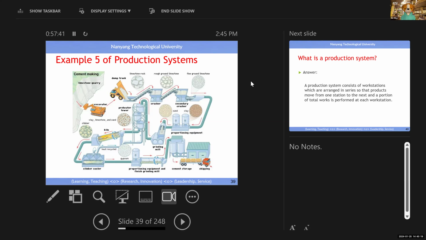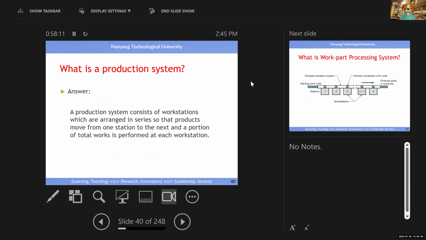So the input is a solid in the form of a rigid body, the rock, and the output is also a solid, but in the form of what? Powder, right? Powder is a solid material, right? So this can help you to understand that conceptually it's very simple. Your material, the input, has a geometry, and the output has another geometry, right? That's it. Change the geometry of the material, that's it.